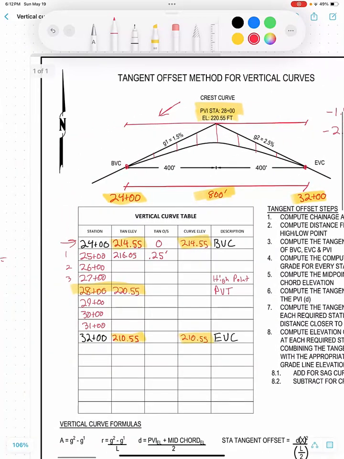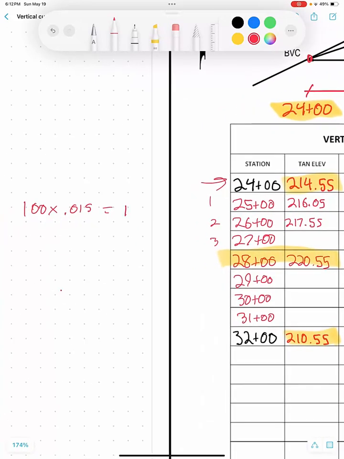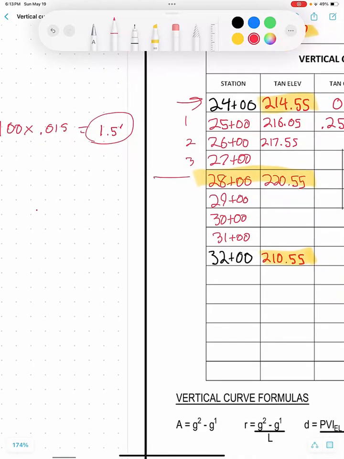That's how we got that initial elevation. And we just run that all along here. So that goes up to the high point and then back down to the low point. That initial is 216.05. The next one is 217.55, because that number is 1.5 feet, until you get to the PVI.